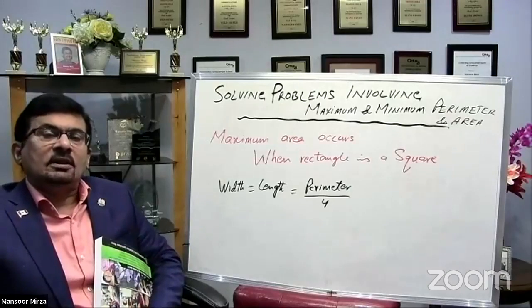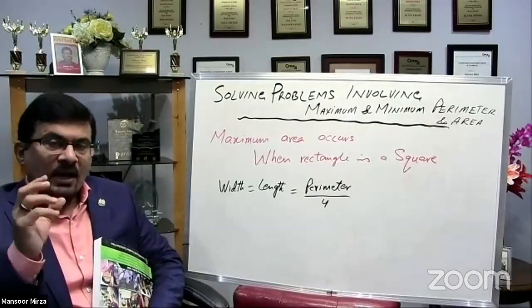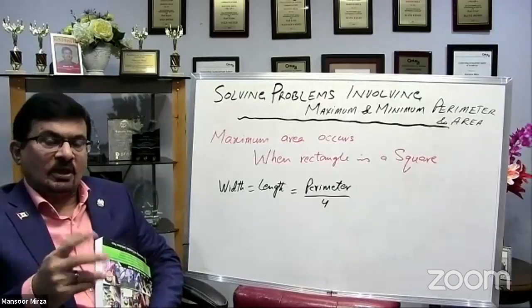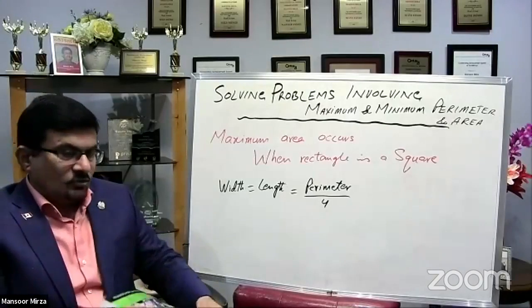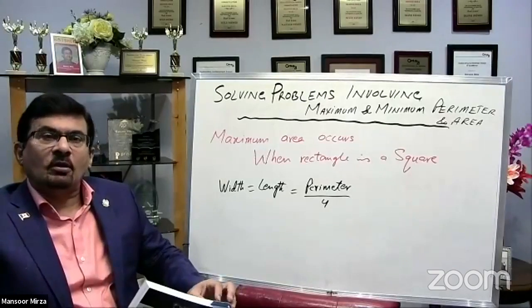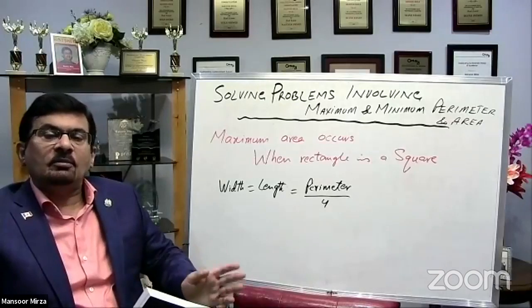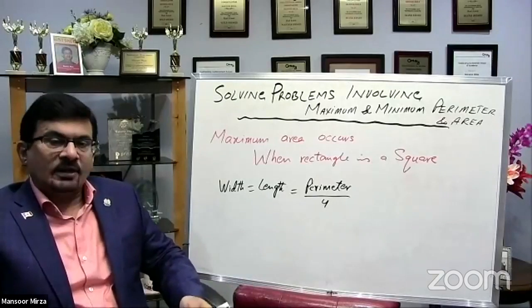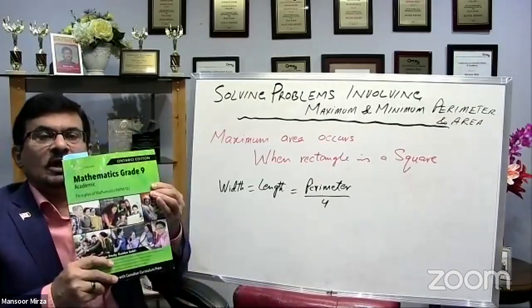I'm confident that I tried my best to go as simple as I could, explaining from daily life. So today, as the topic is solving problems involving maximum and minimum perimeter and area, as everyone knows, I always use this book as my guideline.